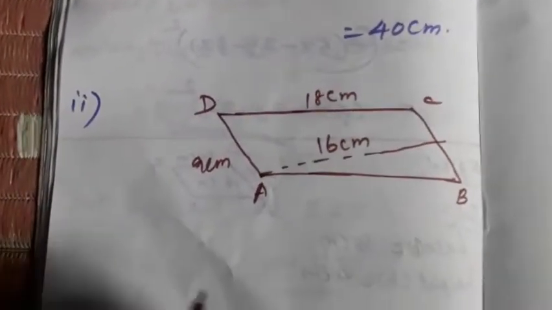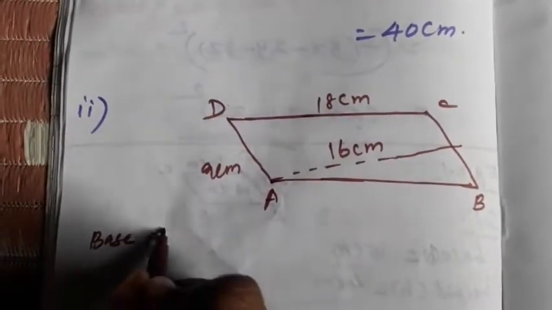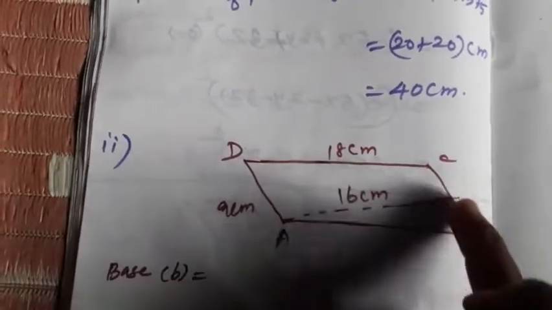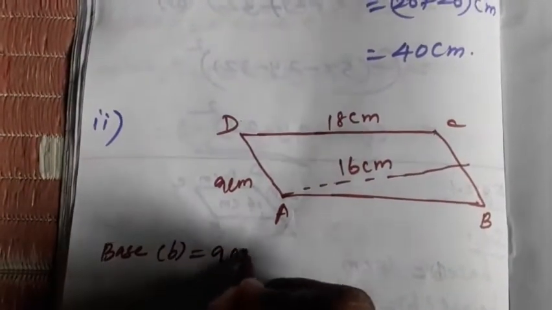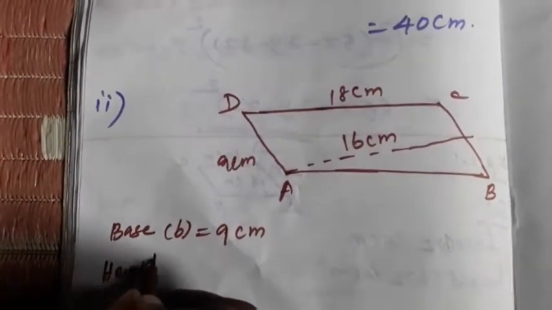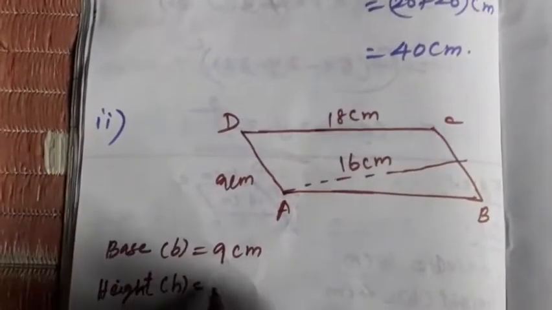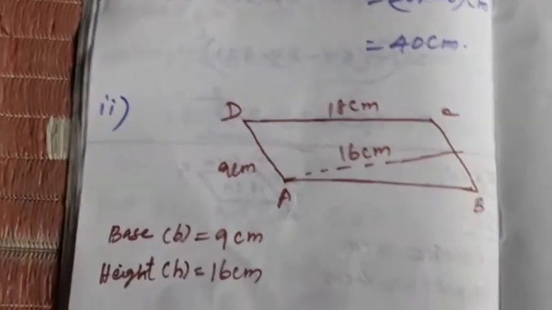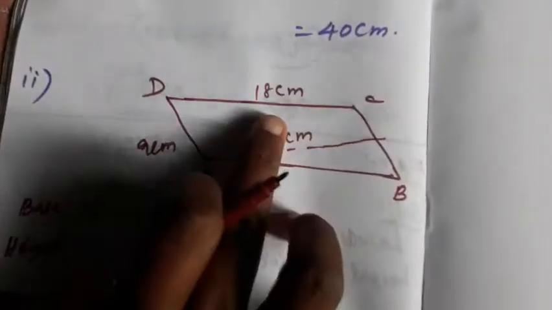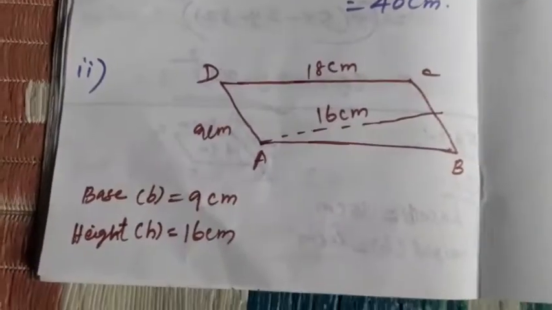From the given condition, the base B is this one, 9 centimeter, and this opposite side is also the base. The height is this one, 16 centimeter. Then 18 is the length.